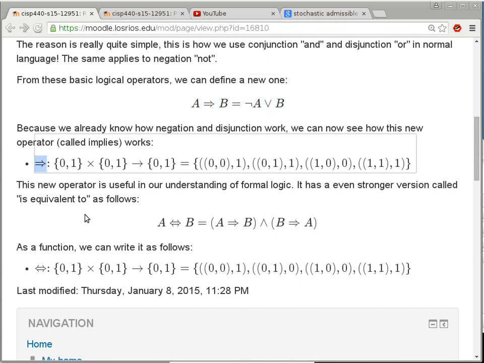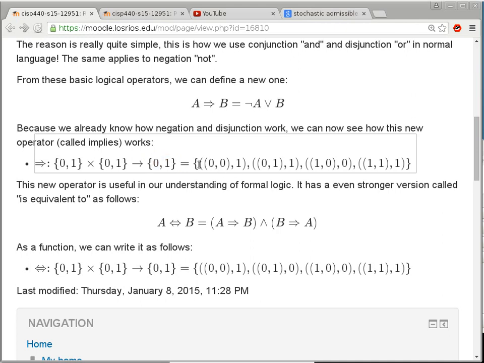As a result, if this is just not A or B, then we can define implication. In this class, when I use implication, it's always with 2 bars instead of 1, because with 1 bar, it is a symbol used in function mapping, and I don't want to confuse people by using the same symbol to mean implication. It is mapping a 2 tuple of zeros and ones to just 0 and 1.